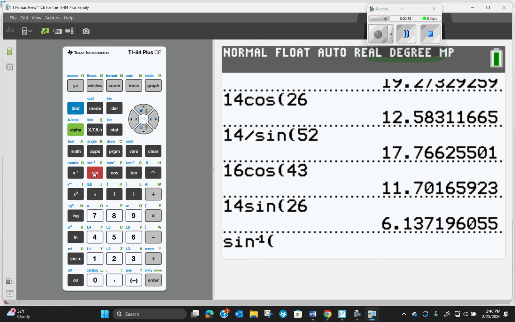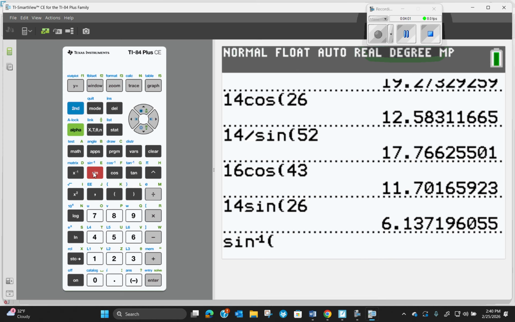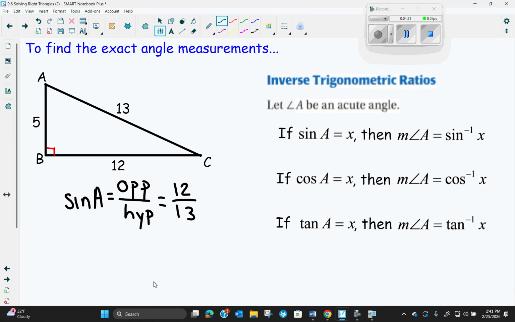So it looks like sine to the negative first. What I'm going to do is put my ratio in there, in the parentheses. My ratio in this case was 12 over 13. So I got sine to the negative first, I'm going to put 12 divided by 13, close the parentheses, and hit enter. And it gives me my angle. I'm going to go to the nearest tenth. We'll call it 67.4 degrees. So the measure of A is 67.4 degrees.